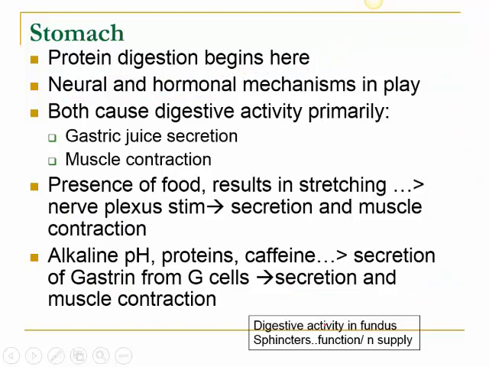The activity in the fundus, because the fundus is the highest part, is a bit less. So carbohydrate digestion, which starts in the mouth, will continue in the esophagus because the pH in the esophagus remains about 7. The moment it comes into the stomach, carbohydrate digestion stops because the pH in the stomach is acidic.